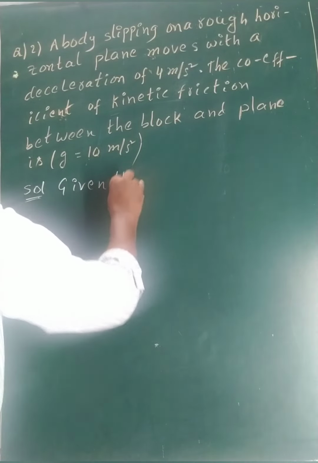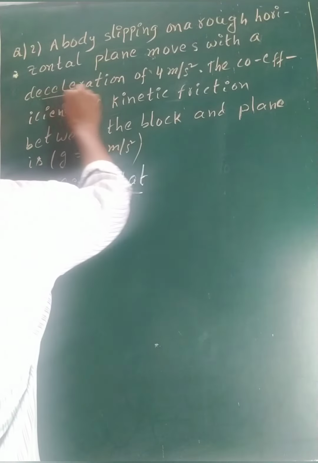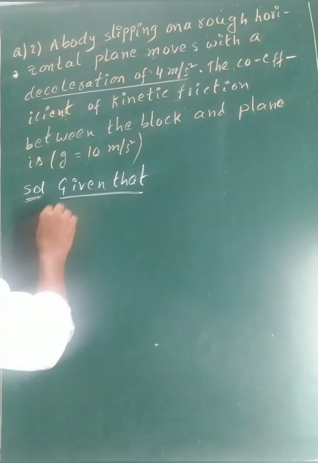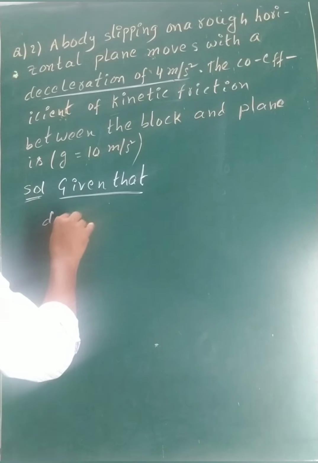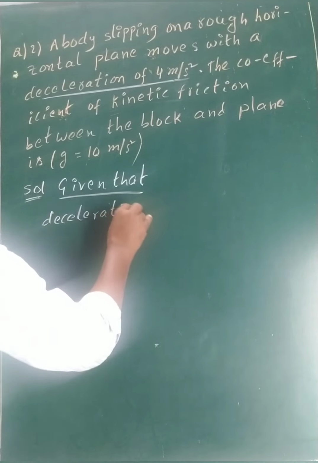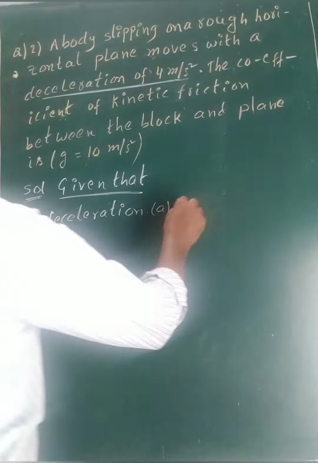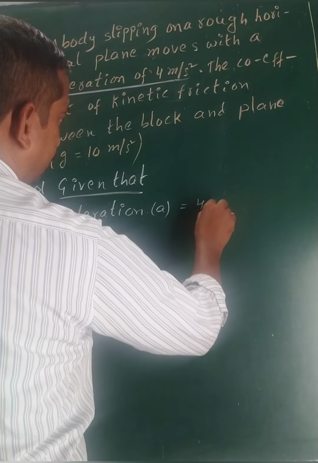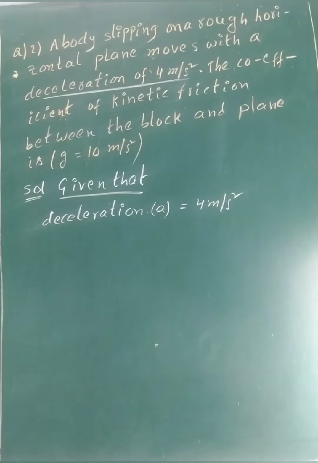Given that: deceleration, negative acceleration, A is 4 meter per second square.